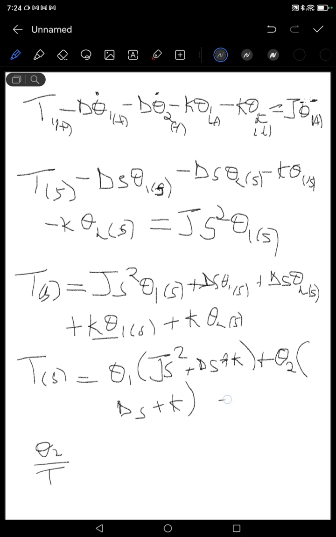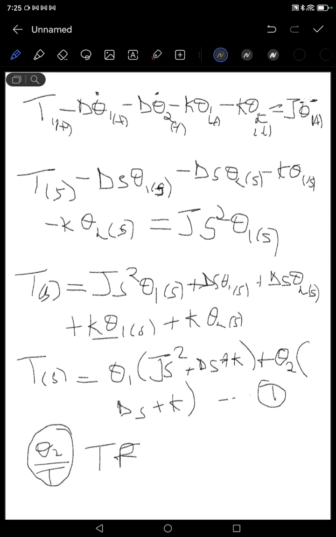So this one is going to be our first equation where we were focusing on theta 1, and now we're going to focus on theta 2, and then we find another equation. After getting the equation, that's where we're going to determine the transfer function of theta 2 over T. Okay, that's what we are going to do.